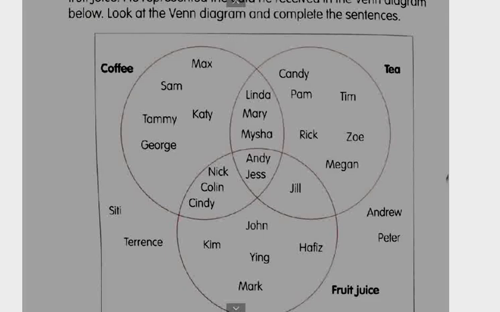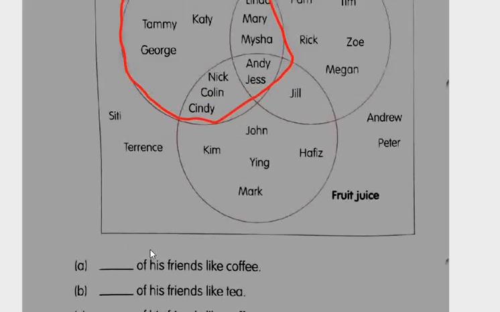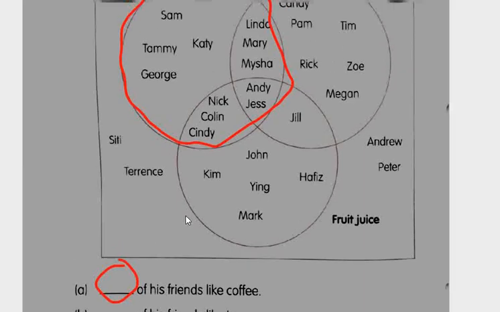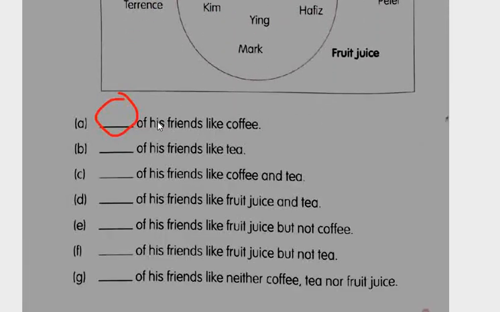Since the first circle is coffee, all the names that are included in the first circle will be the data for coffee. So let's count 1, 2, 3, 4, 5, 6, 7, 8, 9, 10, 11, 12, 13. So there are 13 of his friends who like coffee.